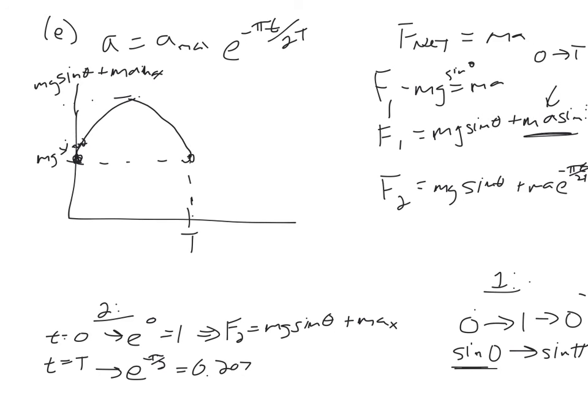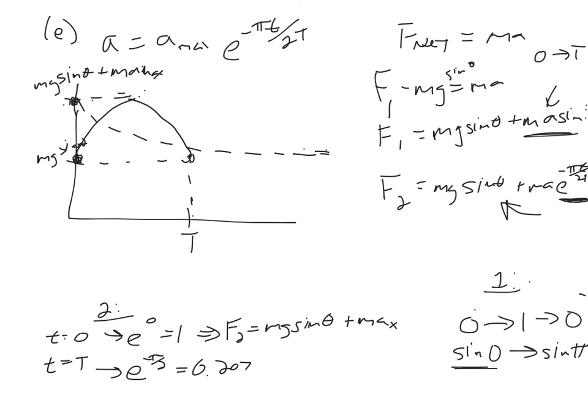So in the second scenario, it's going to start at that same max that the first force reached at some point, but instead of going up, it's just going to go down, like this. Because as t gets bigger, the value of this e term gets smaller and smaller. So it adds less and less to the force, to the mg sine theta. And that's why it goes down.